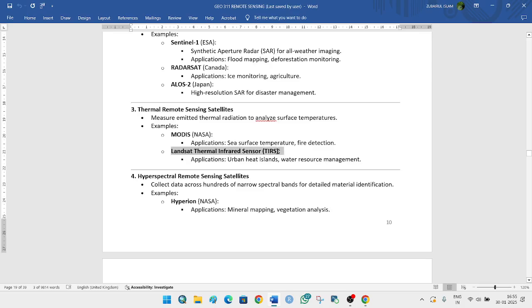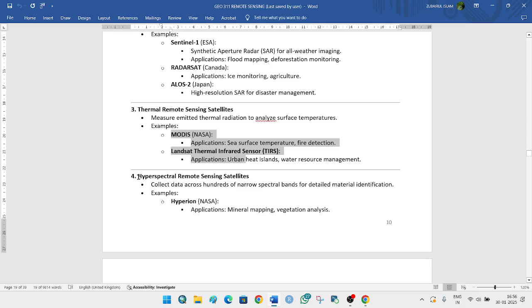If you want to study the land surface temperature, the variation from one place to another, or if you want to see how the LST land surface temperature is increasing or decreasing, if you want to study the impact of urbanization on land surface temperature, or the impact of land use land cover change on land surface temperature, and if you are interested to study the climate change, you have to use this data, that is Landsat thermal infrared. You can use the MODIS data also.